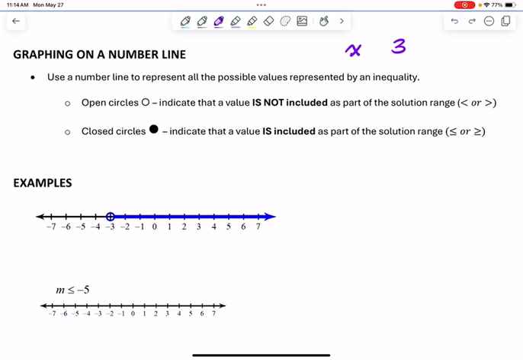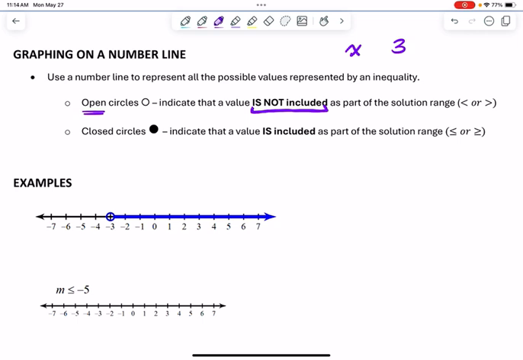Now, on that 3 on my number line, I am going to draw a circle. The type of circle depends on the type of inequality that I have. Now, we kind of saw this in the Desmos activity, but an open circle, one that is not shaded in, will be used to represent the value not being included as part of my solution set, or my solution range.